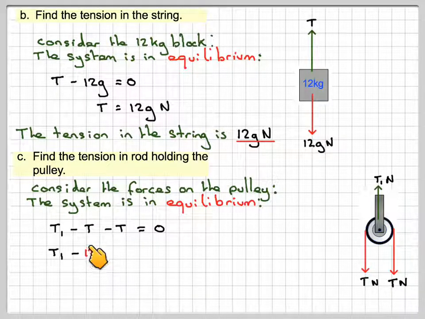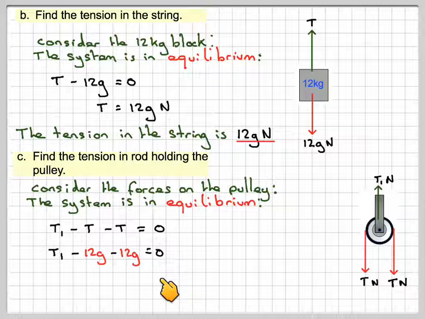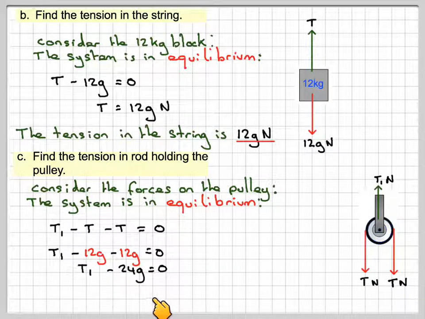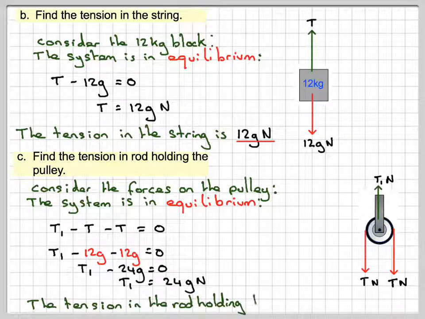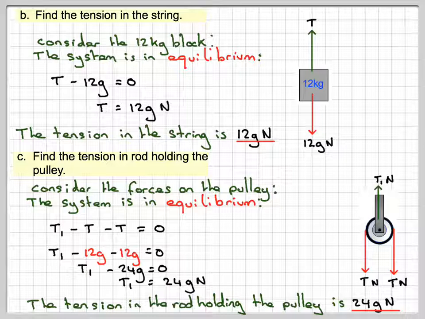But we already calculated T to be 12G newtons in the previous part, so we've got T1 minus 12G newtons minus 12G newtons is equal to 0. So T1 minus 24G is equal to 0. Therefore T1 is 24G newtons.